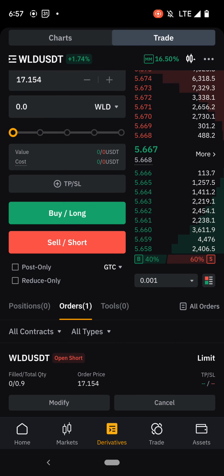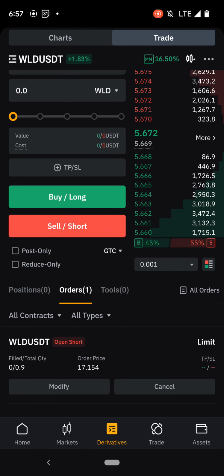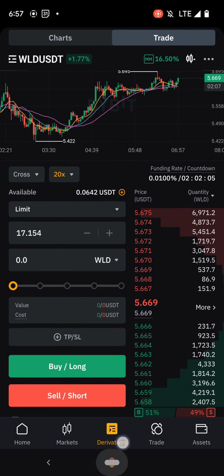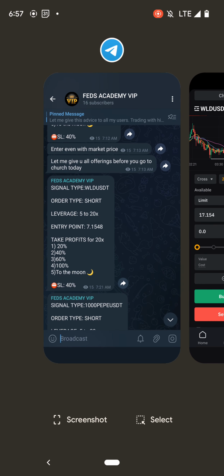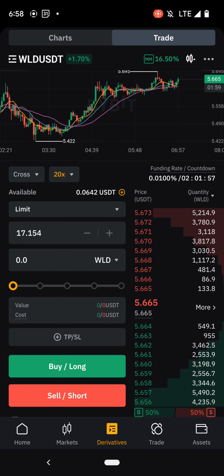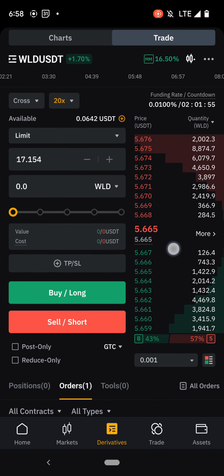It means until this particular price matches the one that you enter with on WLD, until it matches 7, it's not 17, it's 7 point. I think we have made an error with the price.